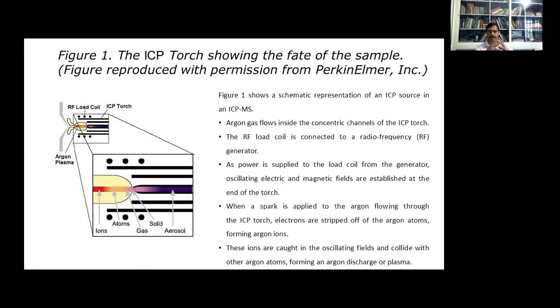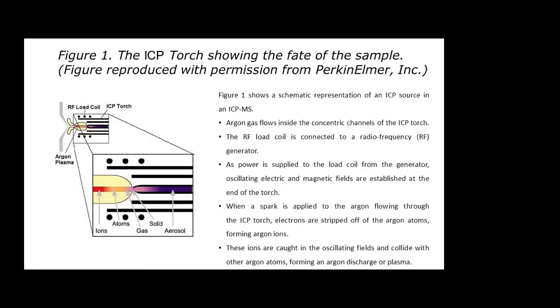Let me try to elaborate this ICP torch more here. Argon gas flows inside the concentric channels of this ICP torch. So this is the ICP torch. Here you can see the schematic diagram and that is enlarged here.